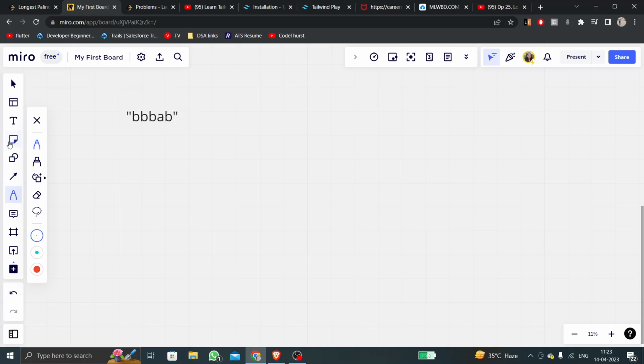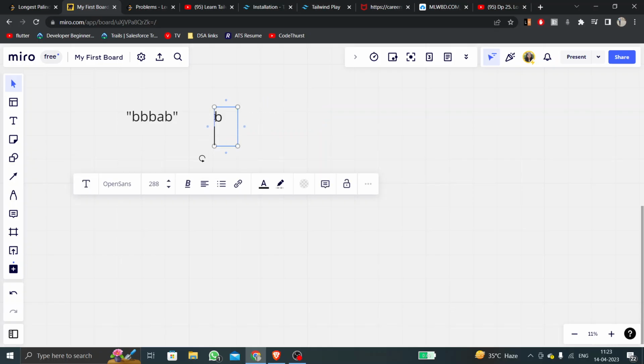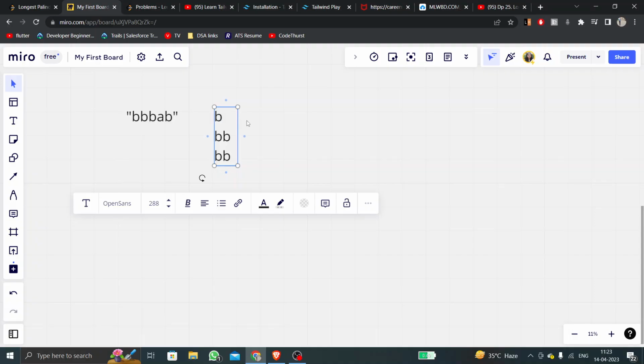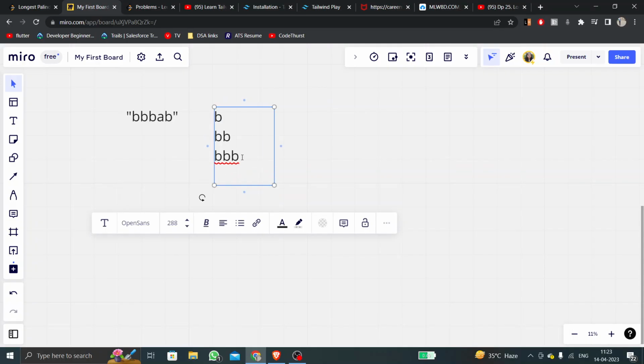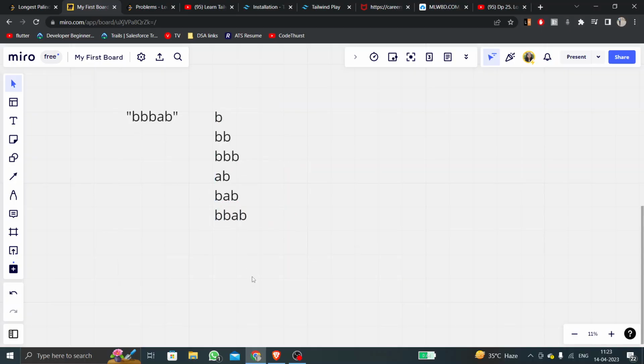So a few of the subsequences of this particular string could be B, BB, BBB, AB, BAB, and there could be many more. These are a few subsequences. I have removed a few characters from this string to generate these subsequences.